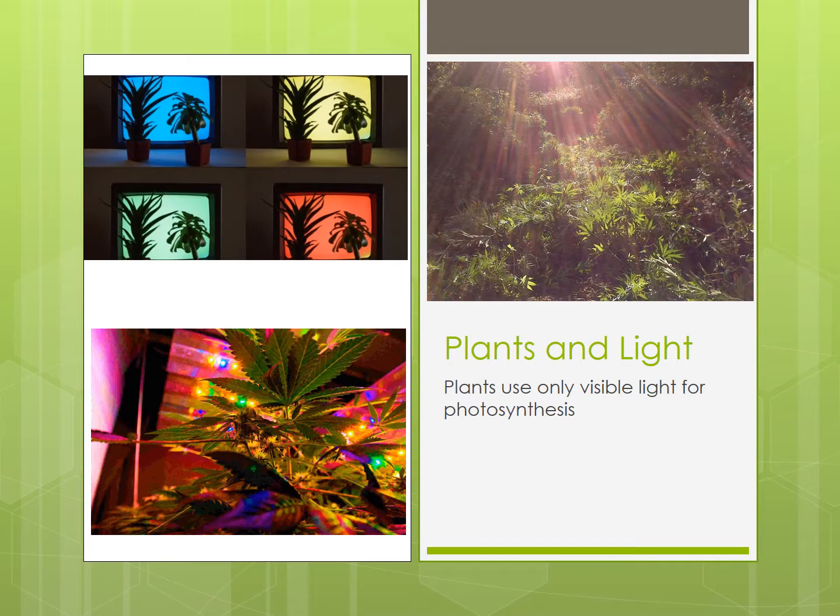They're only absorbing in the blue wavelength and the red wavelength. So what would happen, looking at this week's experiment, if you were to put a plant under green light? It would die because it's reflecting all that light. There's no energy that it's absorbing.